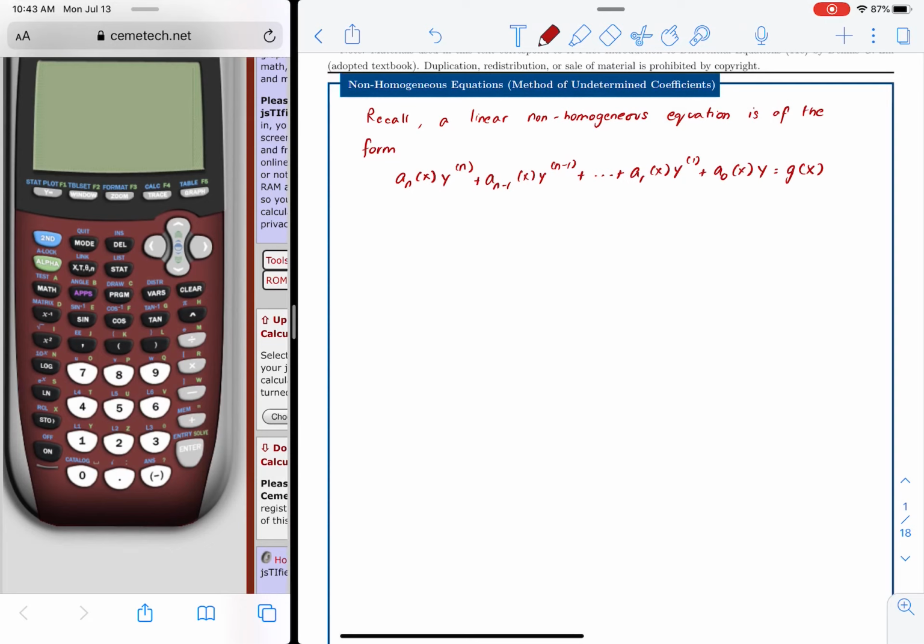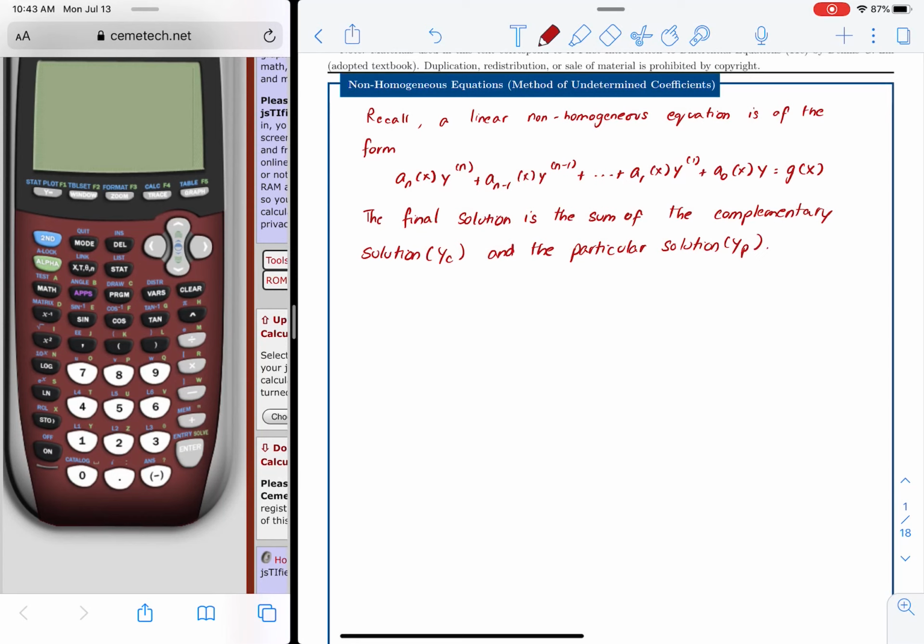So the key to finding the final solution is that it is the sum of the complementary solution yc and the particular solution yp, i.e. y is equal to yc plus yp.